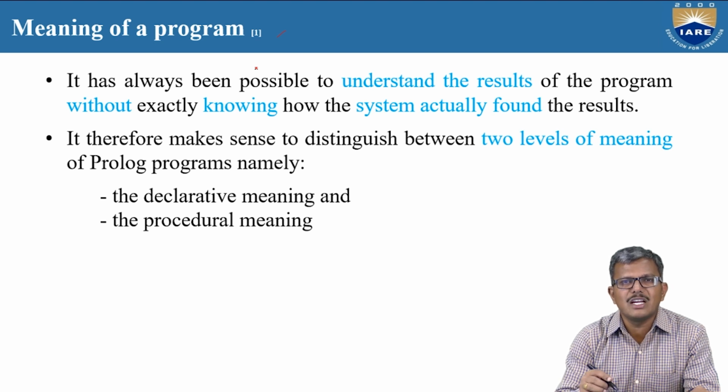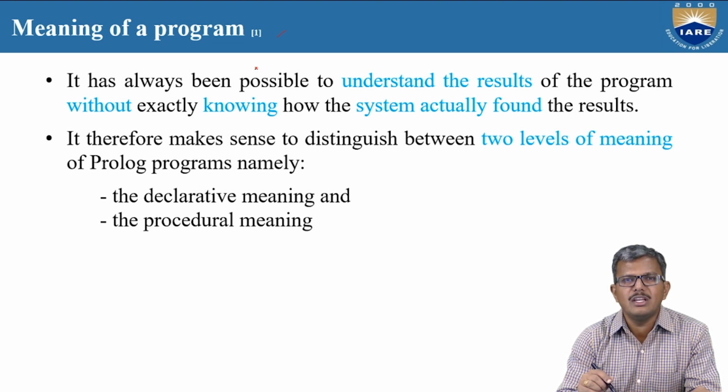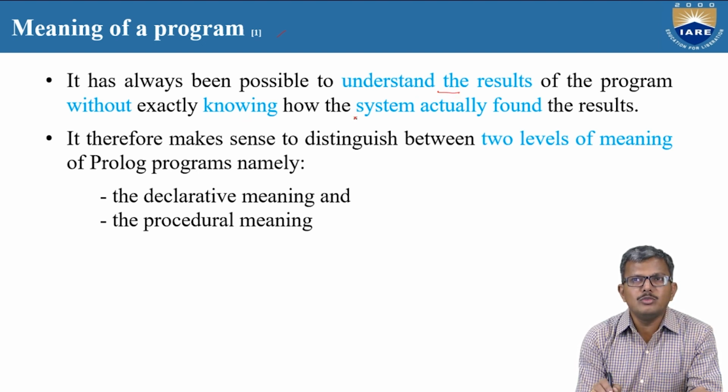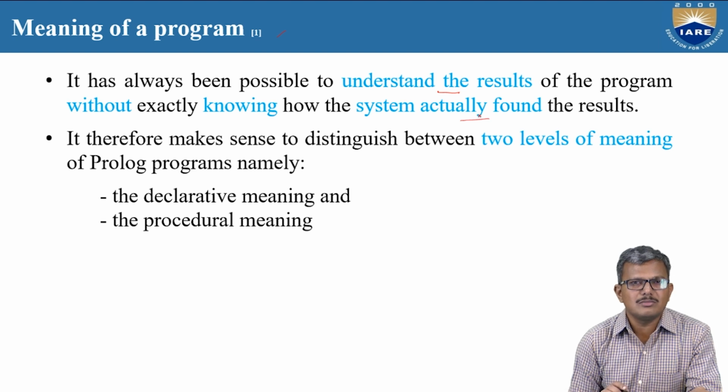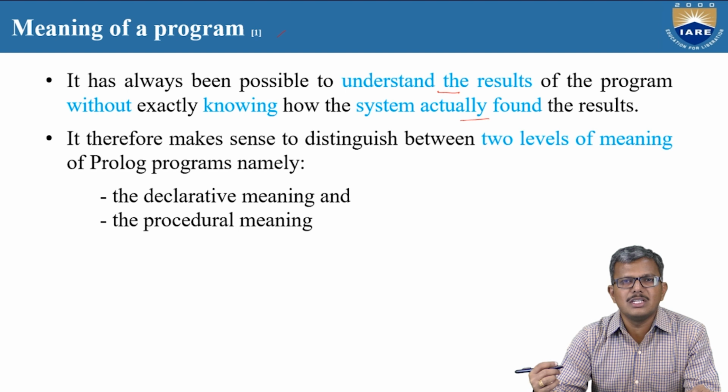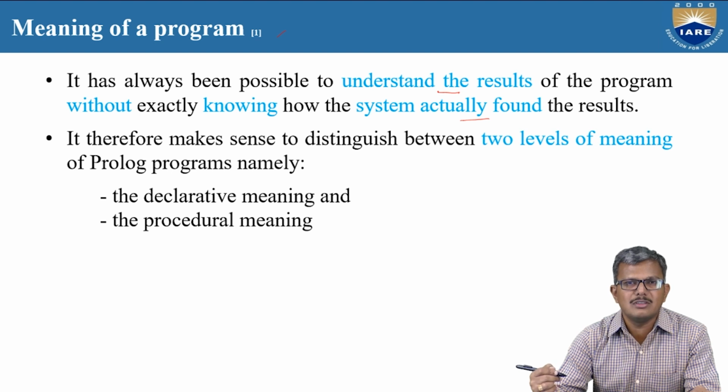As I mentioned, there are two different kinds of meanings that every Prolog program will have. One is called the declarative meaning, and the other is called the procedural meaning. Let us see them one by one. The meaning of a program is to understand the results of the program without knowing exactly how the system actually found the results. Even if you understand the Prolog program statements, it is not necessary to understand how Prolog executed the statements and generated the results.